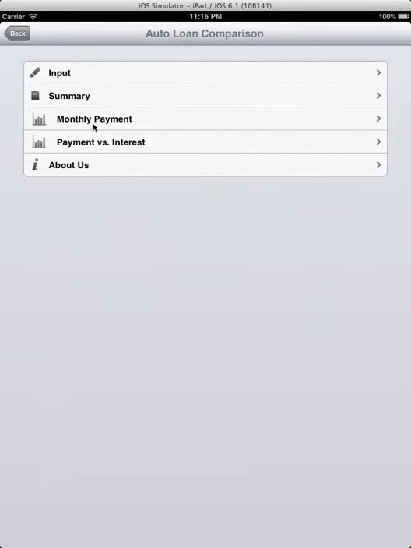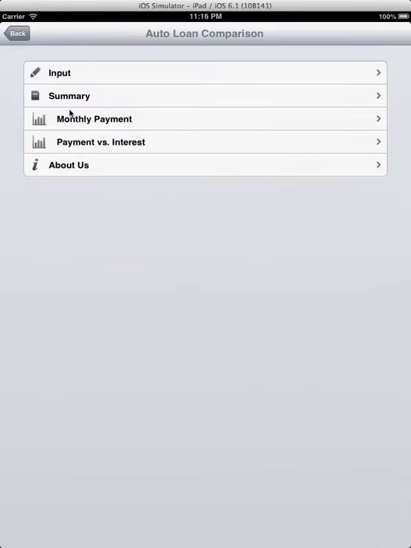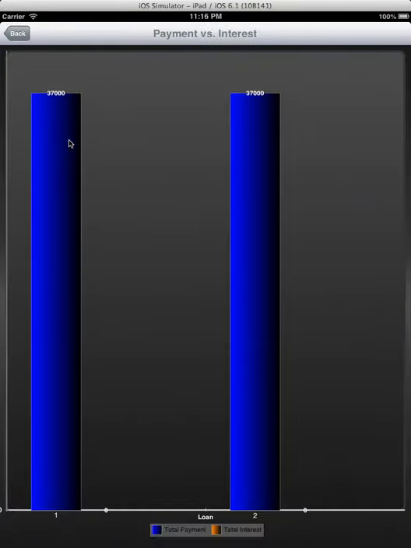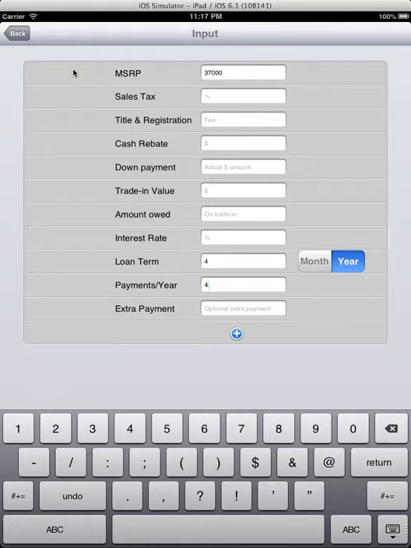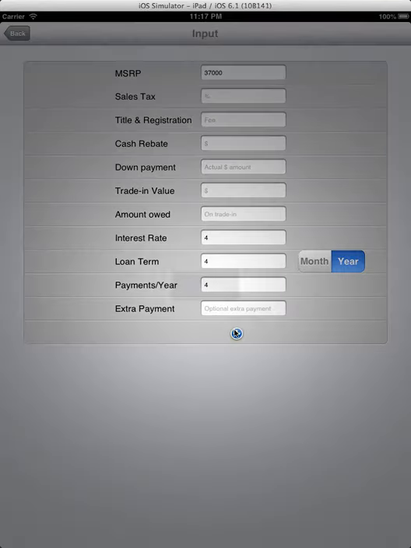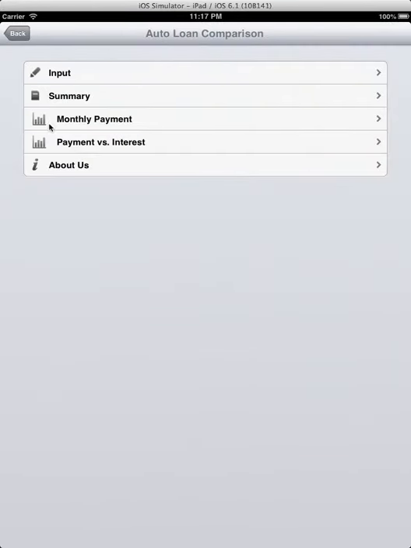Here is the bar graph showing both the monthly payments, and here is a total payment versus total interest. Okay, looks like I forgot to add the interest rate, so let's do that. And now you can see there is a big difference.